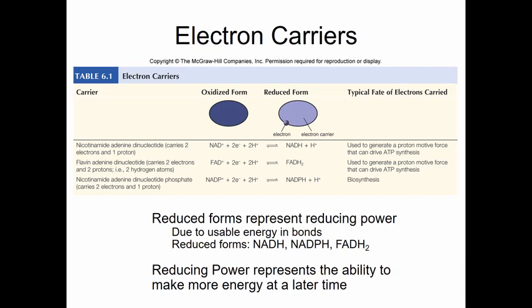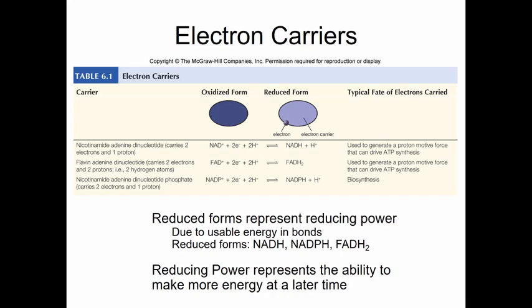It's a little taxi for electrons. It's Uber for your electrons, okay? So if the H is on the end, that means it's in its reduced form. If you don't see an H and you just see the positive, that means it's in its oxidized form and it's waiting to get its electrons.